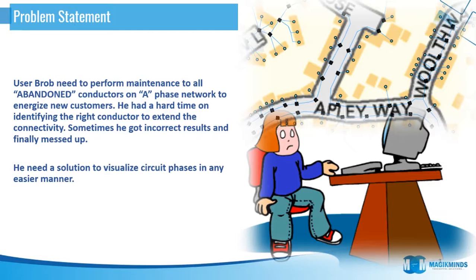He's having a very hard time identifying the right conductors with the status abandoned, which need to be extended for connectivity, and that too on phase A. Sometimes he is getting incorrect results in the activities he performs, and finally he messes up. So he needs a solution to visualize circuit phases in an easier manner.